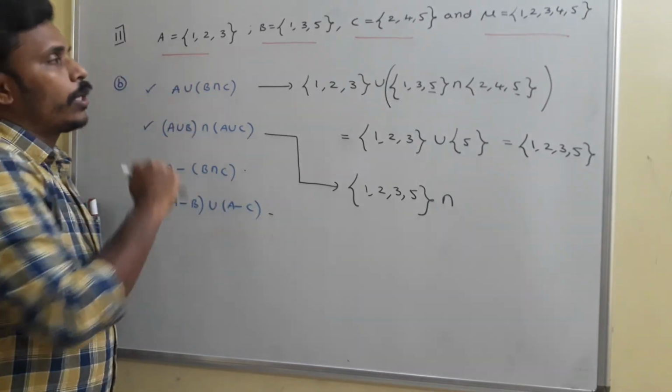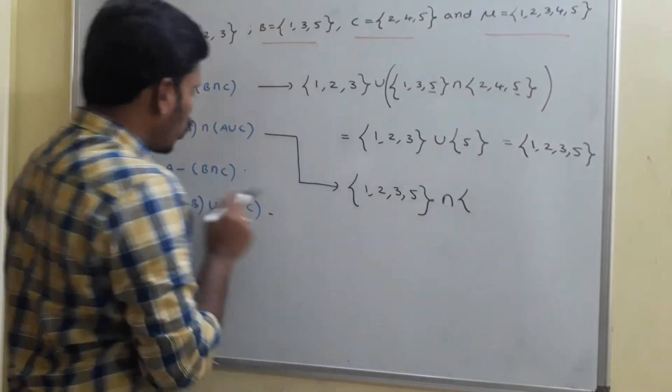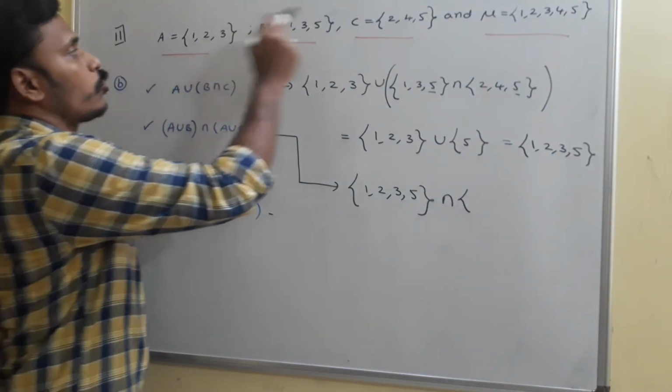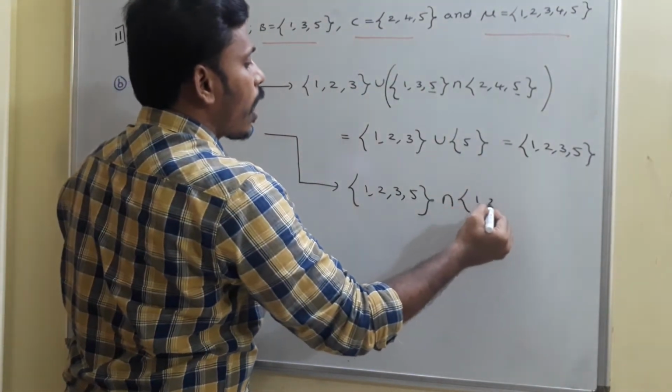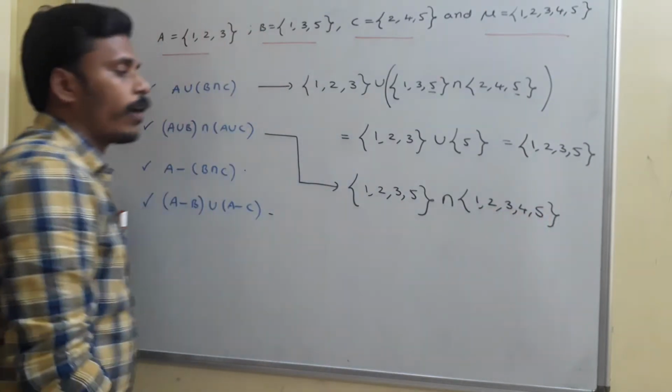From A 1, 2, 3. From C 2, 4, 5. The union of these two, {1, 2, 3} and {2, 4, 5}, is {1, 2, 3, 4, 5}.